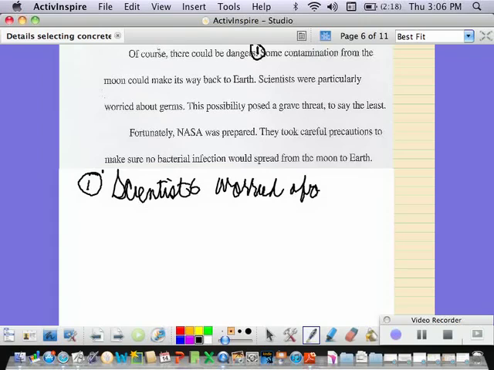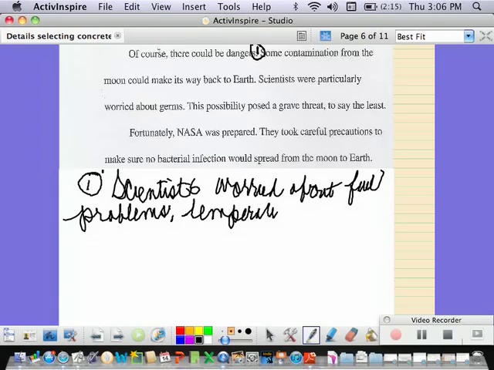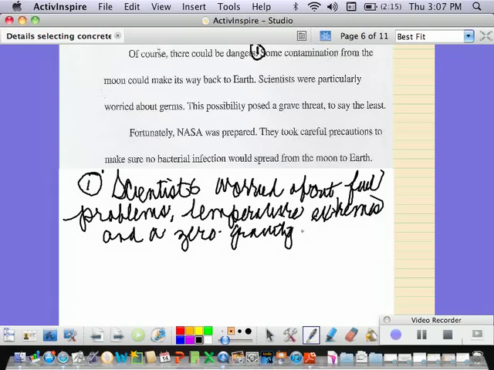Scientists worried about fuel problems, temperature extremes, and a zero-gravity environment. Okay, of course there could be dangers. Scientists worried about fuel problems, temperature extremes, and a zero-gravity environment.